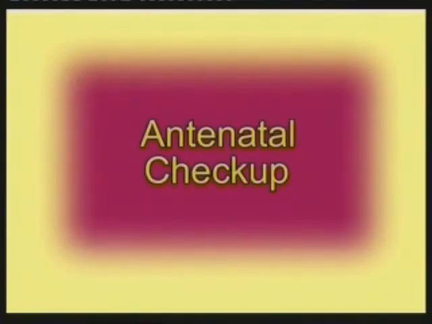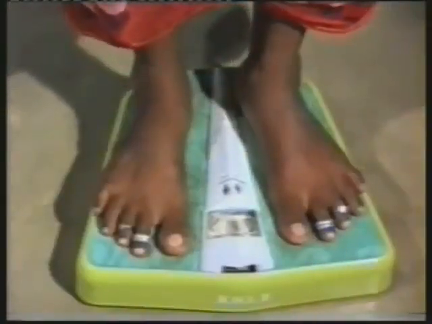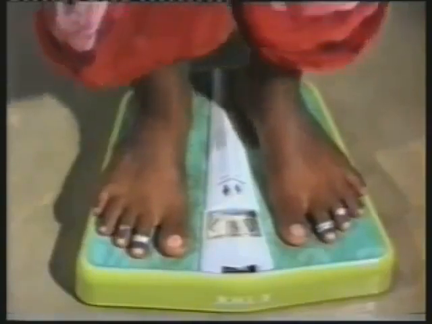Antenatal checkup. When a pregnant lady comes for routine antenatal checkup, first record her weight. A rapid increase in weight on serial recordings is the earliest sign of preeclampsia.